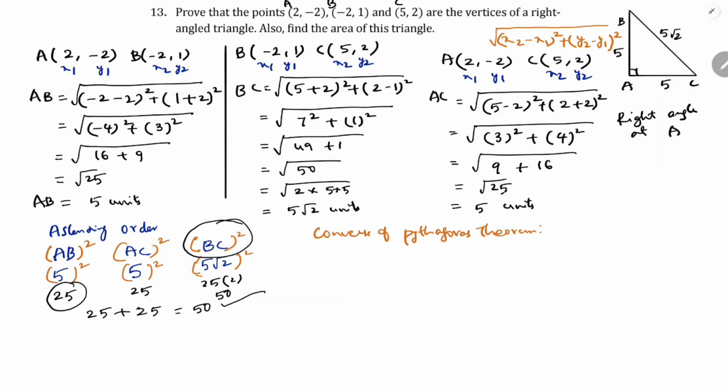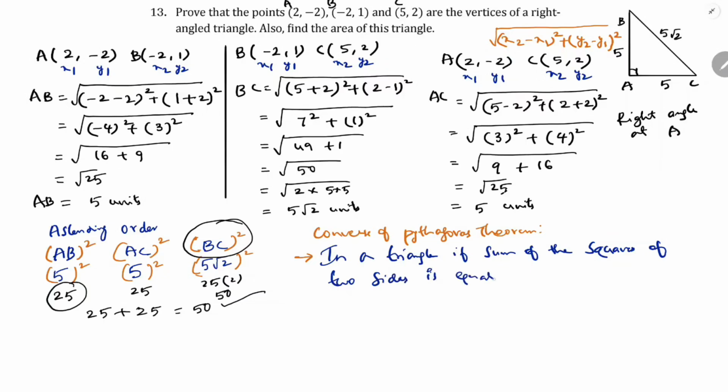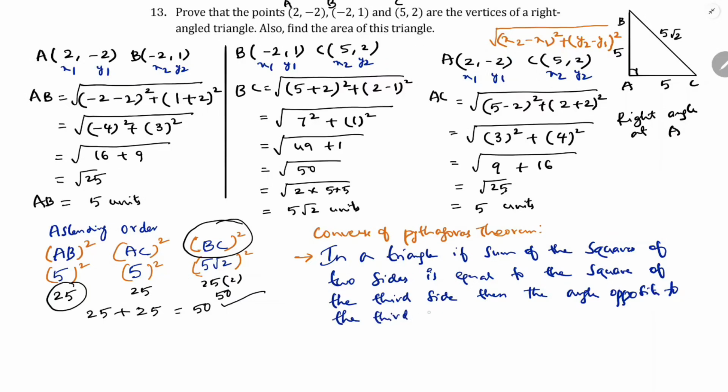See, the converse of Pythagoras theorem clearly states, in a triangle, if the sum of the squares of two sides is equal to the square of the third side, then the angle opposite to the third side is 90 degrees. So you need to find it in this way.